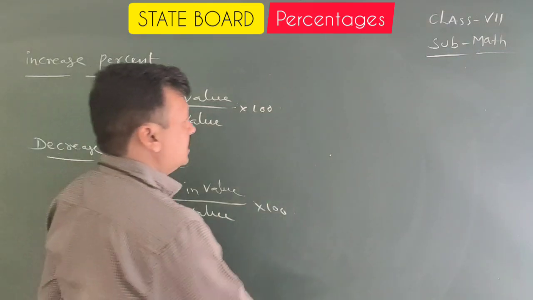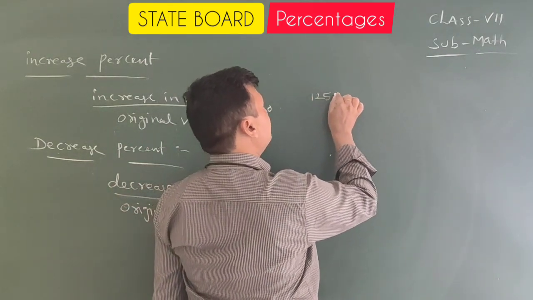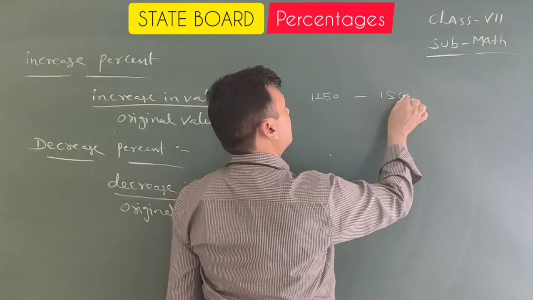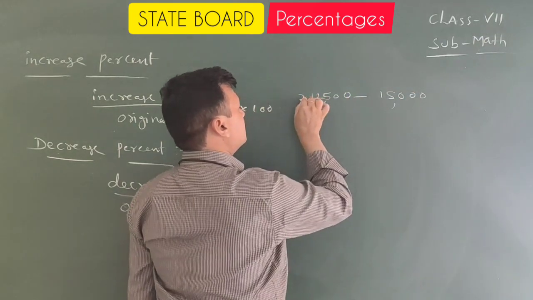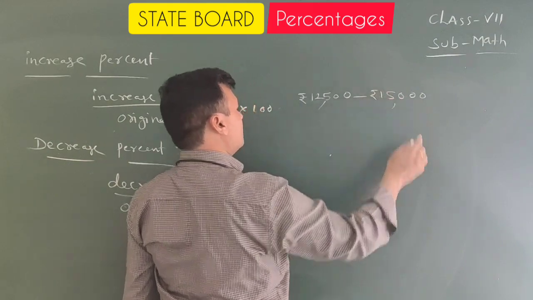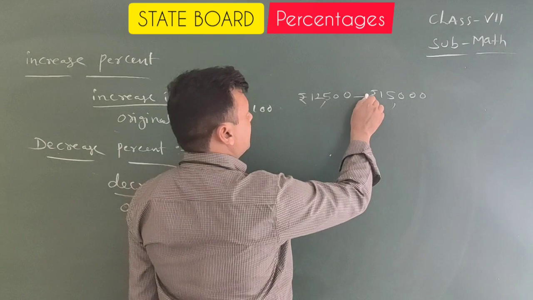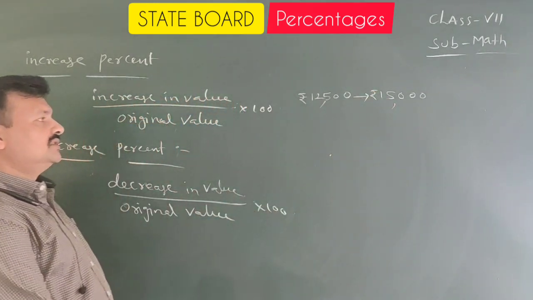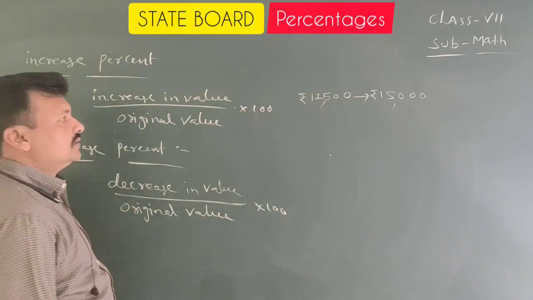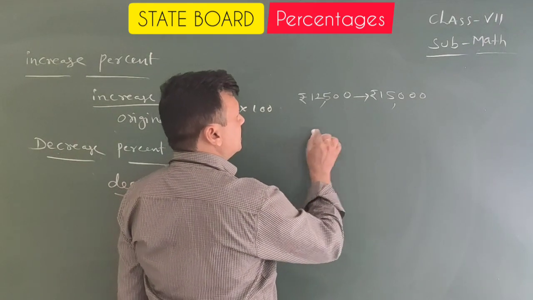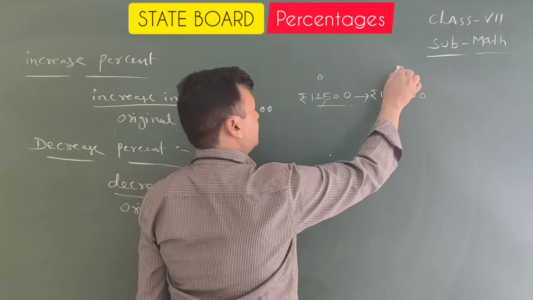Okay, a person's salary is increased from 12,500 to 15,000. If they ask how much the salary was increased: here 12,500 is the old salary and 15,000 is the new salary.